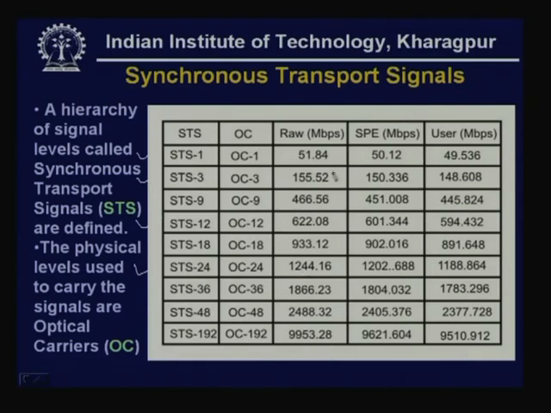Now, although the third column gives you the raw bandwidth, the megabits per second of the synchronous transport signals, there are overheads.